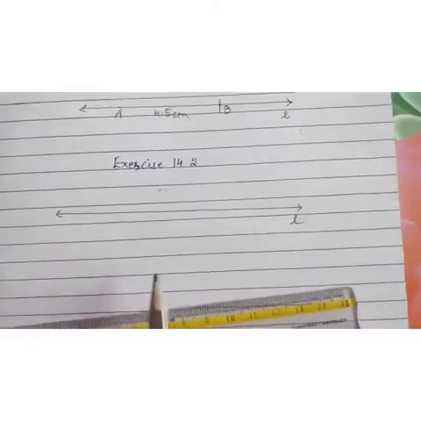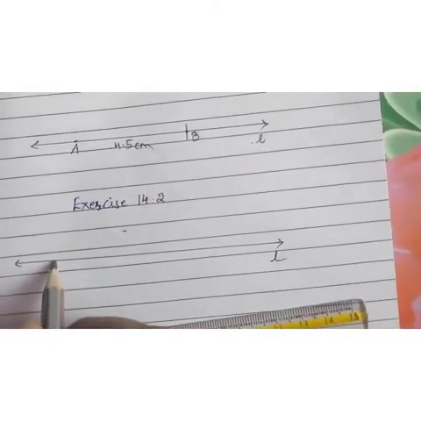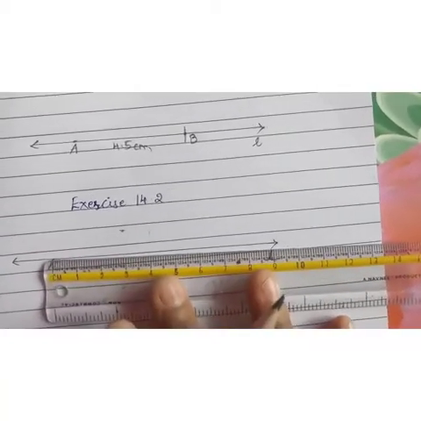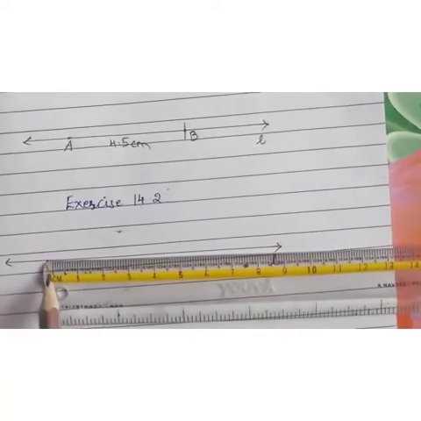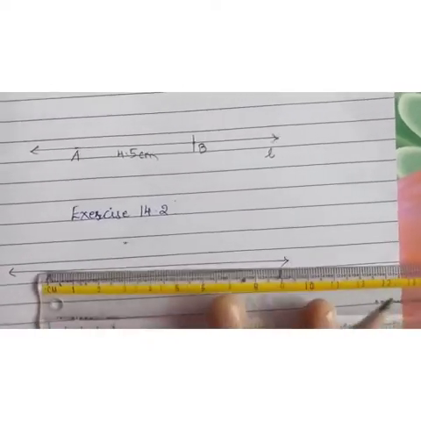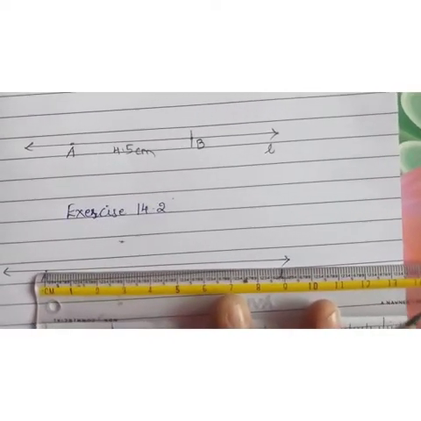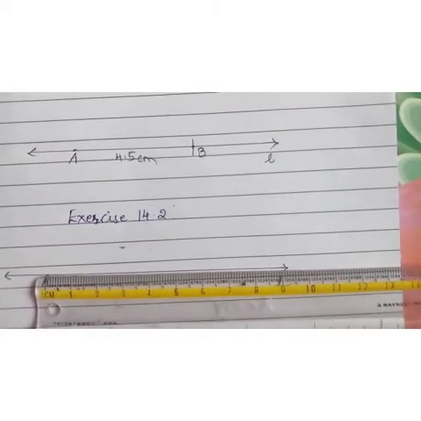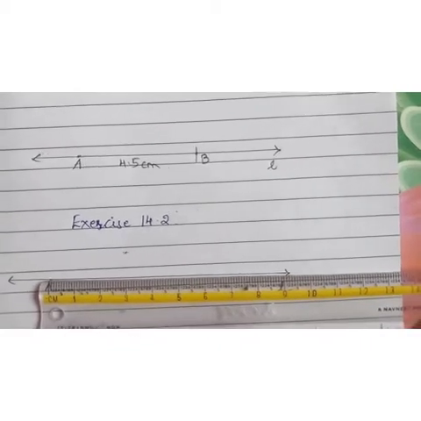So I have taken a line L, mark any point A on it, and now place the ruler in such a way that the zero of the ruler should lie on this point and the line should coincide exactly with the ruler.